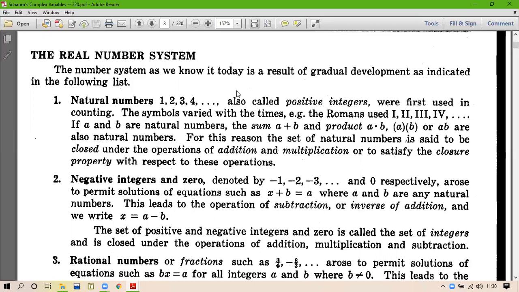Natural number is denoted by capital N, whole number is denoted by capital W. After that, negative numbers also appear, then we can say negative integers. And when we combine all these things, negative numbers, positive numbers, and 0, then it will be called integers. That means integers are classified in three parts: zero, negative integers, and positive integers. And it will be denoted by capital I.